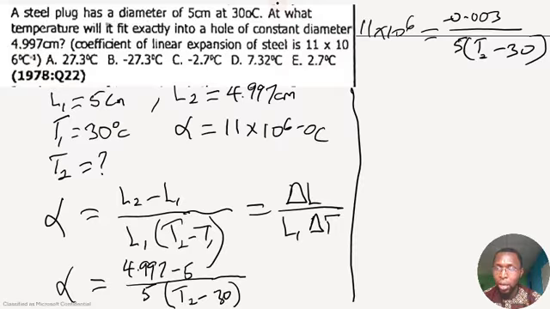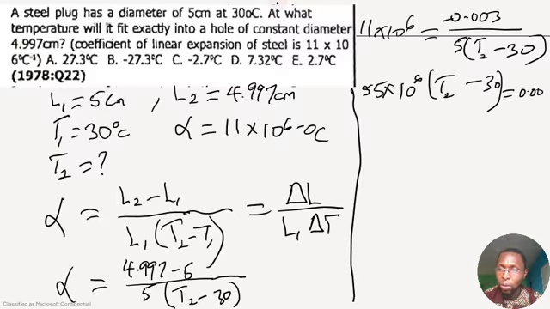Now when we cross multiply, when we multiply 5 by this, we are going to have 55 times 10 to the power minus 6 into bracket T2 minus 30, equal to 0.003.